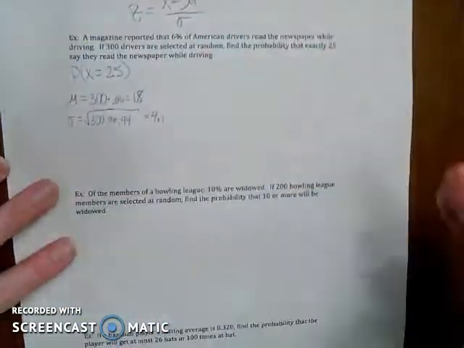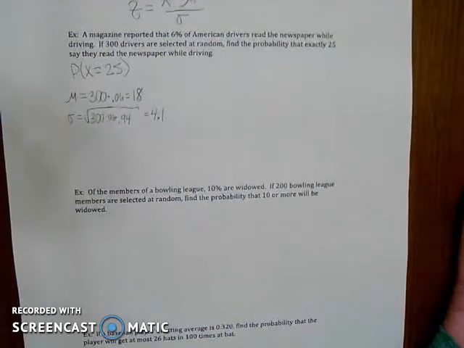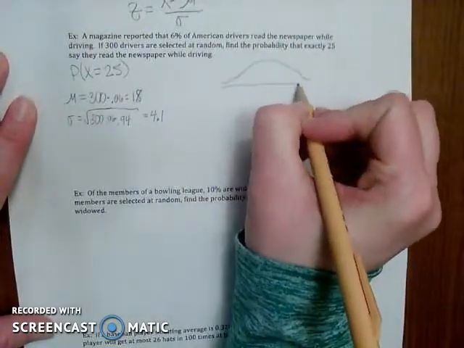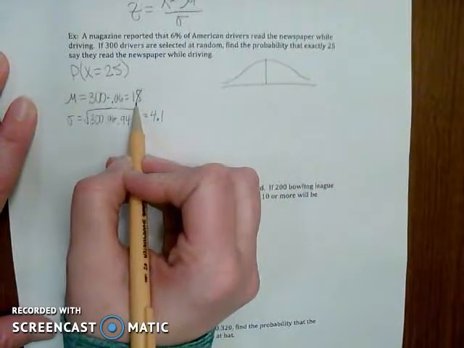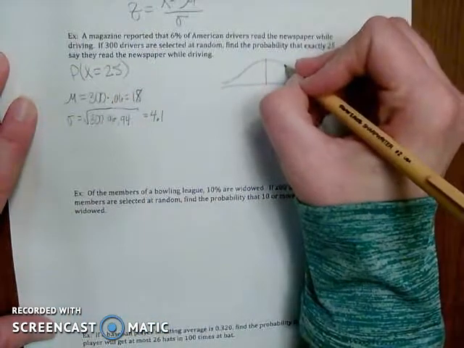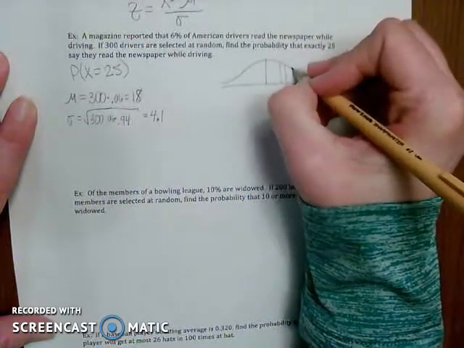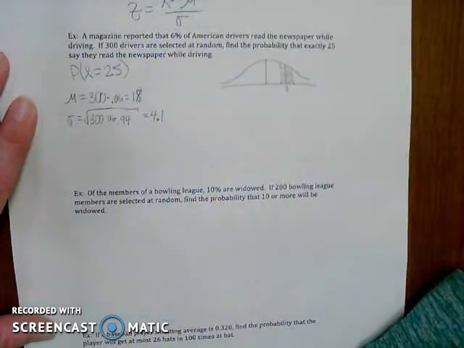Now it looks like the same problems that we did in 6.2. You have your mean and your standard deviation and you have your x value. But here's the thing: since we want equal to, your mean is 18, and your 25 is going to be over here. So we need to go around it in order to find the area.